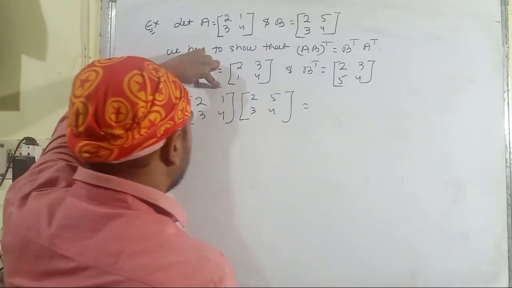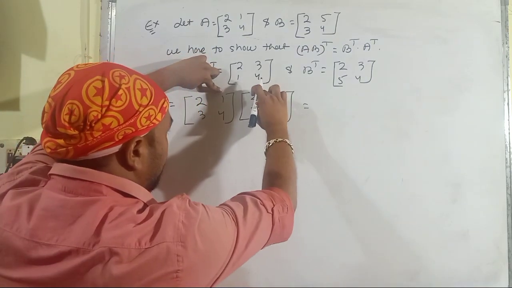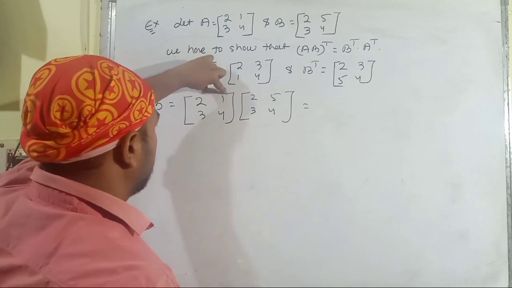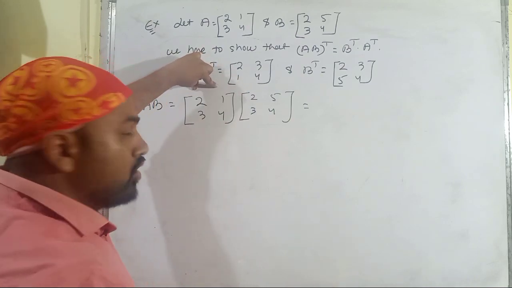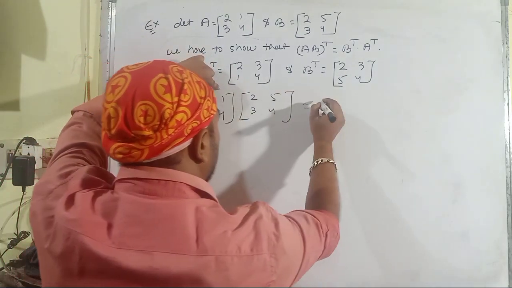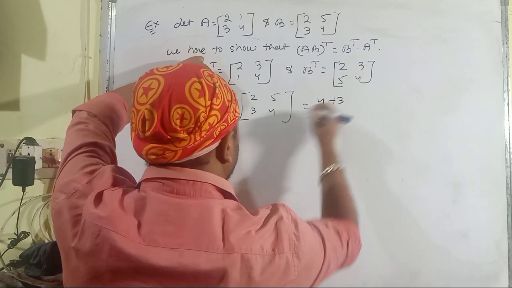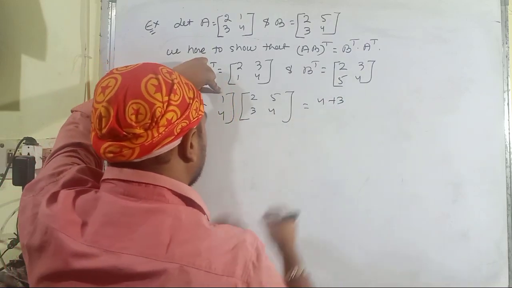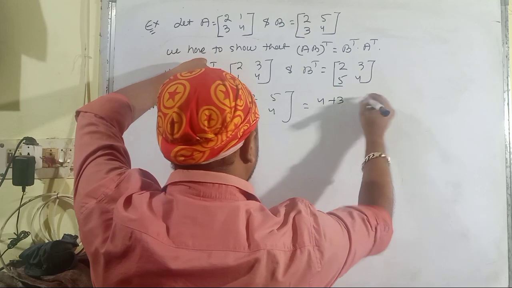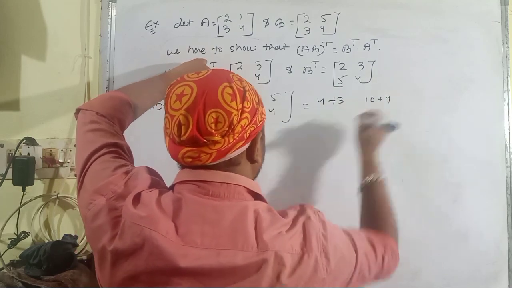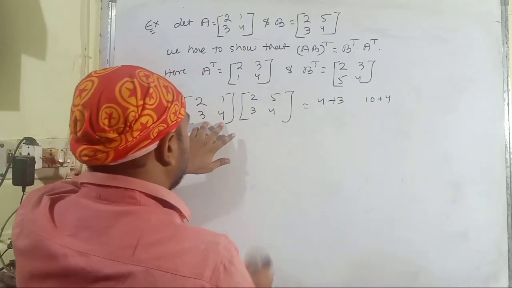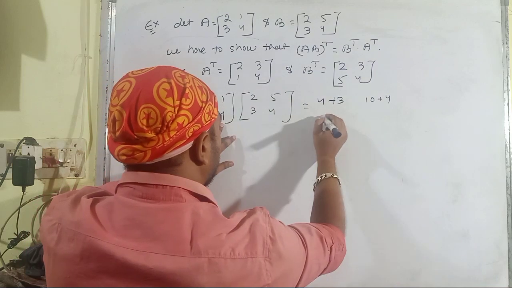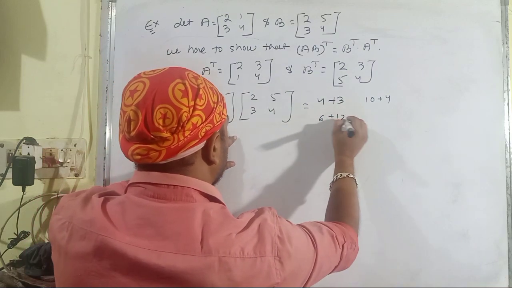Here, the respective elements will be multiplied with the corresponding elements. So 2 into 2 is 4 plus 1 into 3 is 3. Then this 2, 1 with 5, 4: 2 into 5 is 10, then 1 into 4 is 4. Then this 3, 4 with 2, 3: 3 into 2 is 6, 4 into 3 is 12.